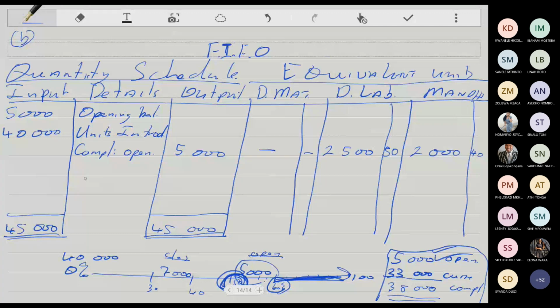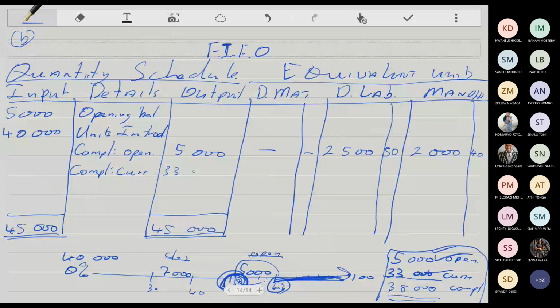Once again, we have another completed from the current production. You've already calculated and made your life easy and said it is 33,000. Now this 33,000 is from the 40,000 units. We started with 40,000 units from 0%, so we've moved from 0% to 100% with 33,000 units.